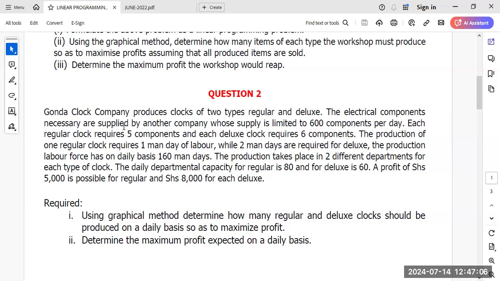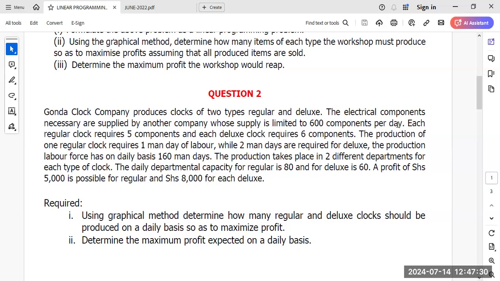So try to analyze and interpret. They are telling you that the electrical components necessary are supplied by another company whose supply is limited to 600 components per day.